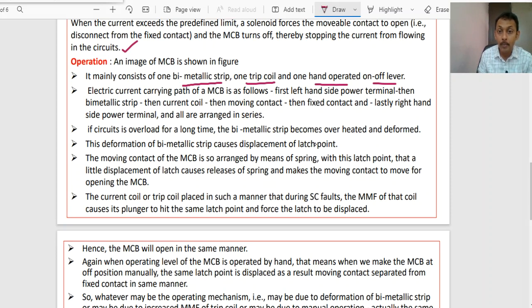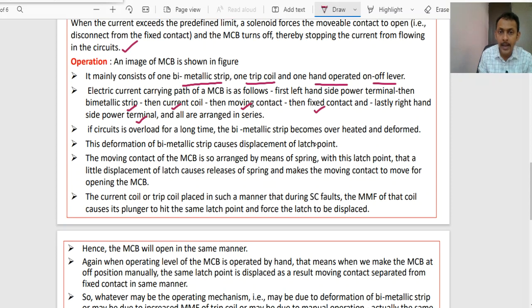Now the path of current flow in the MCB will be as follows. First it will pass through the left hand side power terminal, then into the bimetallic strip, then the current coil, then through the moving contact, then through the fixed contact, and lastly through the right hand side power terminal.